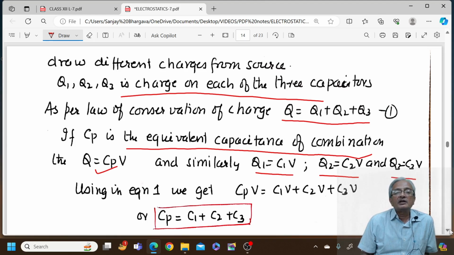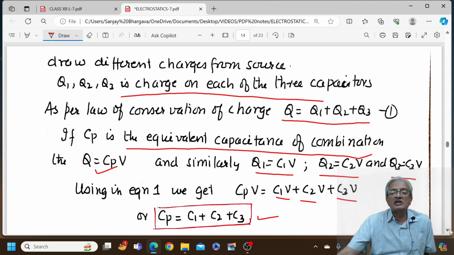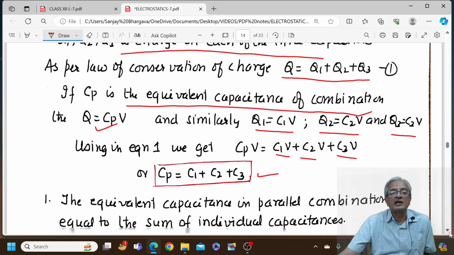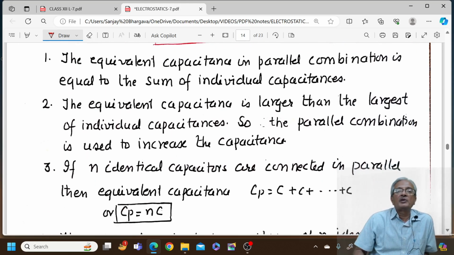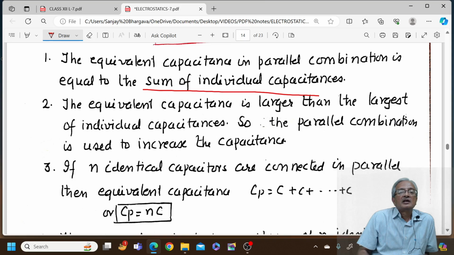Substituting, CpV would be equal to C1V plus C2V plus C3V. V cancels, giving Cp equal to C1 plus C2 plus C3. The equivalent capacitance in parallel combination is equal to the sum of individual capacitances, and it is larger than the largest of the individual capacitances.